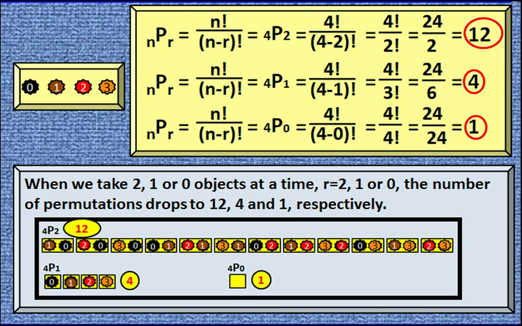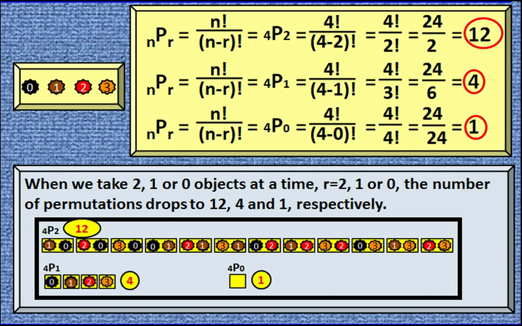When we take 2, 1, or 0 objects at a time, r equals 2, 1, or 0, and the number of permutations drops to 12, 4, and 1, respectively. Pause the video and understand the screen before you move on.